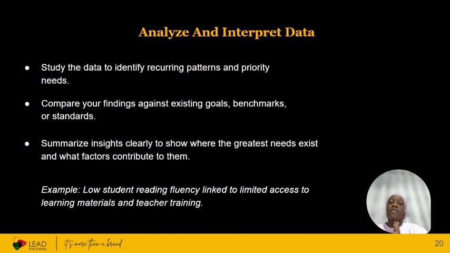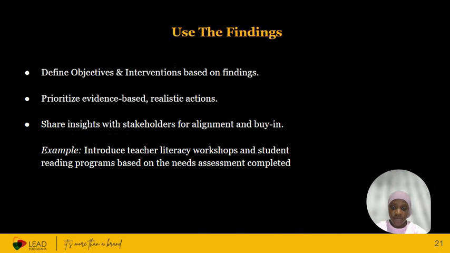Now that you have gathered the data you need about student performance or their fluency levels and what is contributing to the low literacy rate, how are you using the findings? What sort of intervention are you proposing? You have the evidence and the data that backs whatever project your team decides to implement.